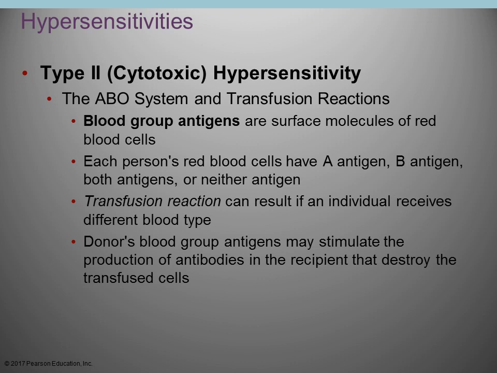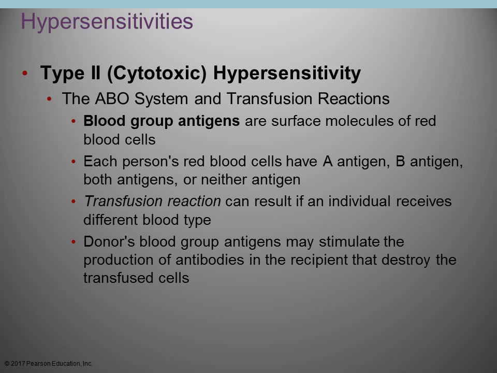So depending on what blood type you have, you may have just an A antigen or marker. You may have just a B antigen or marker. You may have both of those, or you might not have any of them. And that's how your blood type is determined.